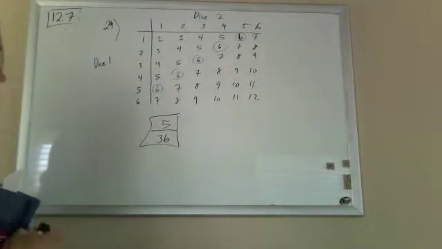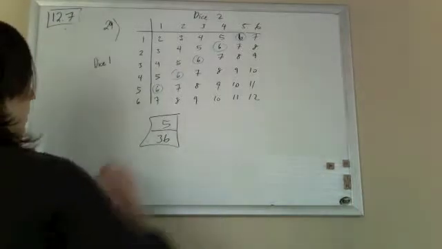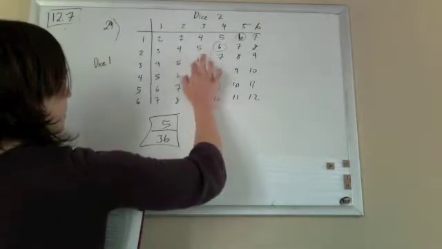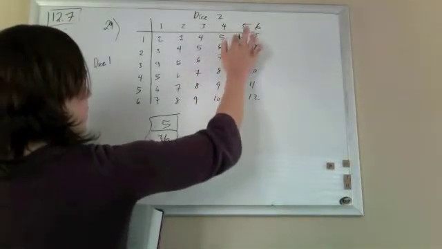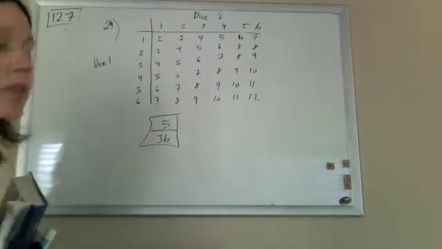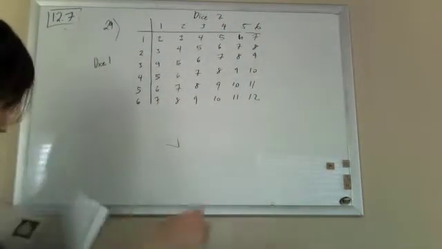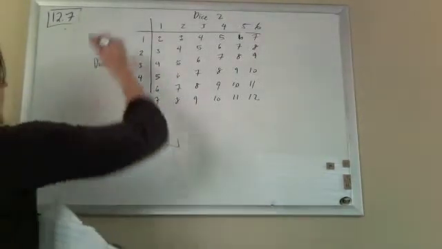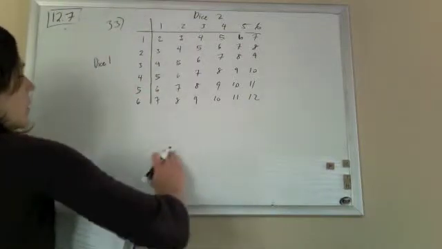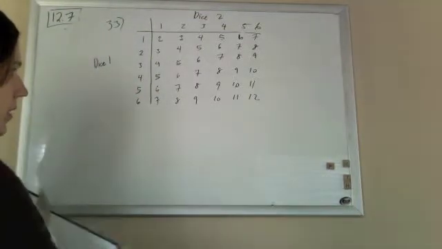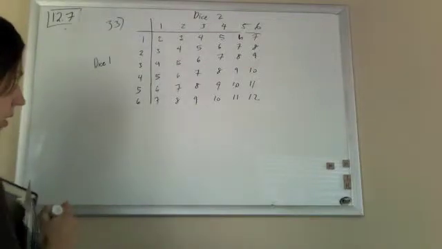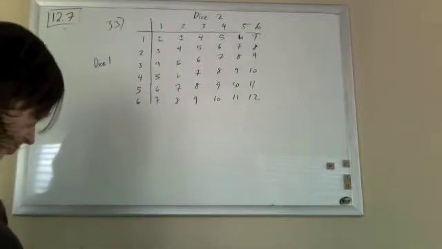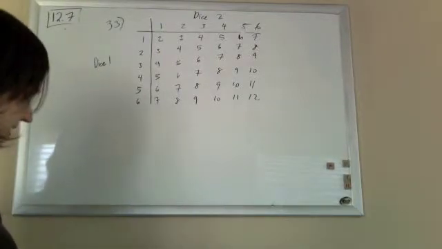Alright. So they want a number greater than 7 if the second die is a 5.